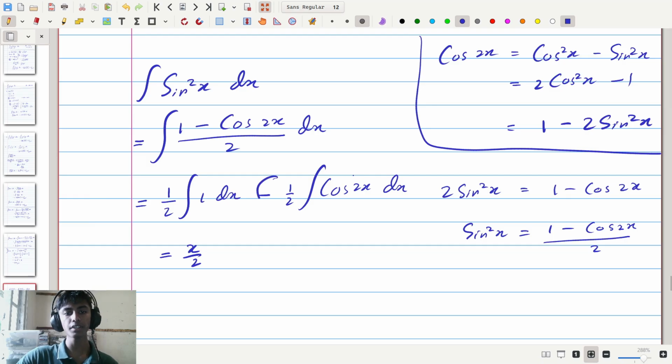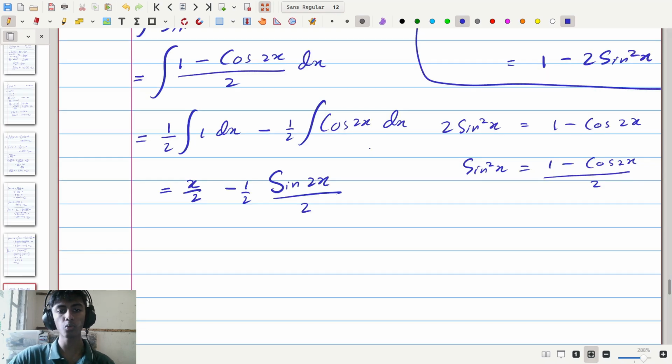As for the second bit, we get a -1/2 on the outside, and then this integral here is the integral of the cosine of 2x, which is going to be, according to our rule, the integral of cosine x substituted with 2x, divided by the constant 2. The integral of cosine of x is sine of x, and since we have the cosine of 2x here, it's going to be sine of 2x divided by the constant, which is 2.